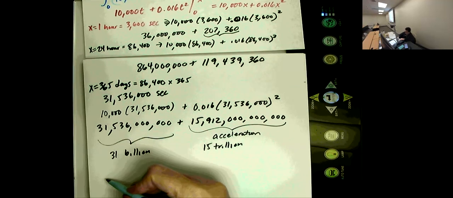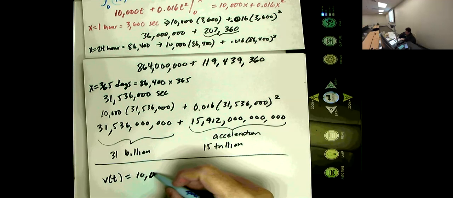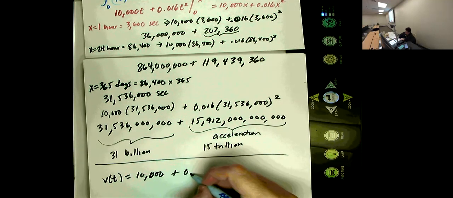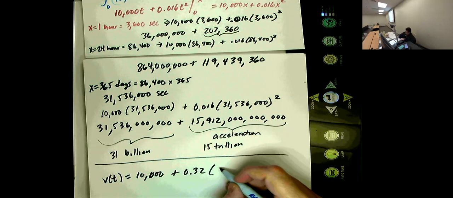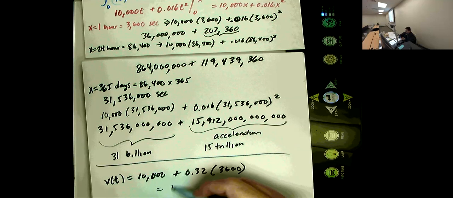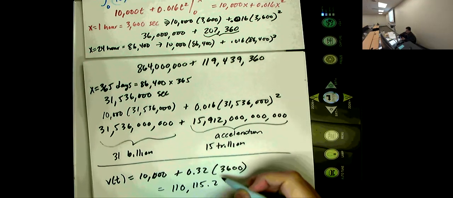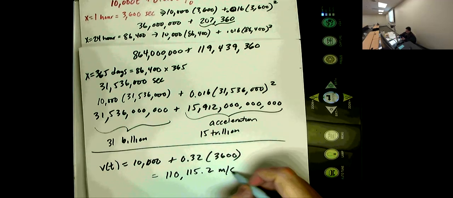If we look at V of t, 10,000 plus 0.032 times 3,600, that was 1 hour. Not a lot.